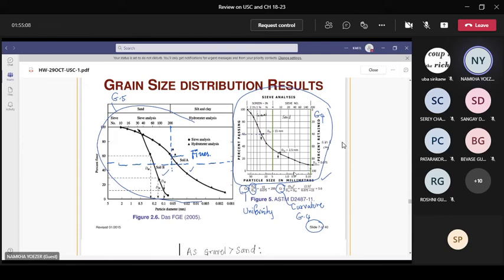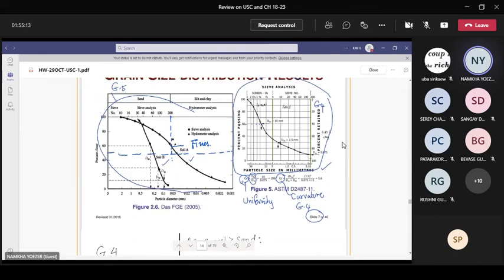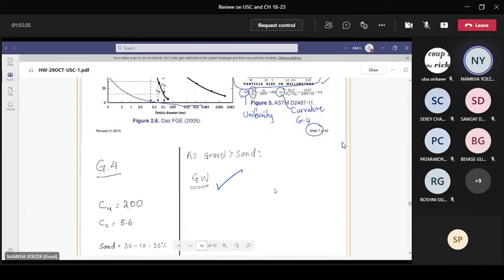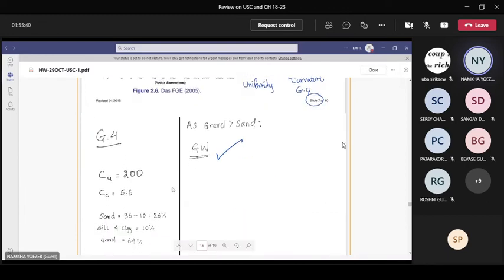From that graph, we calculate the values of Cu and Cc using the given formulas: d60 divided by d10 for Cu, and for Cc, d30 squared divided by d10 and d60. We find that Cu is 200 and Cc is 5.6. After finding these values, we first determine whether the percentage of gravel or the percentage of sand is greater.